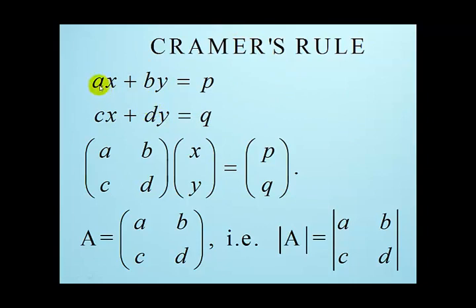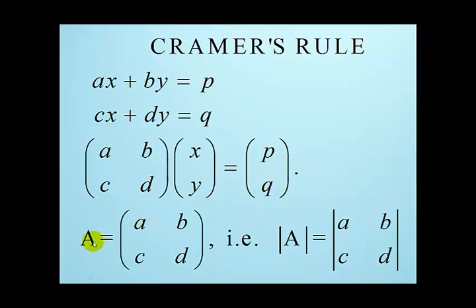From equation 1, the coefficient of x is a, the coefficient of y is b, and the constant is p. Now, from the second equation, the coefficient of x is c, the coefficient of y is d, and the constant is q. Now, the coefficients of the variables x and y are a, b, c, d, so that forms a 2 by 2 matrix. And the variable is xy, which is equal to pq.